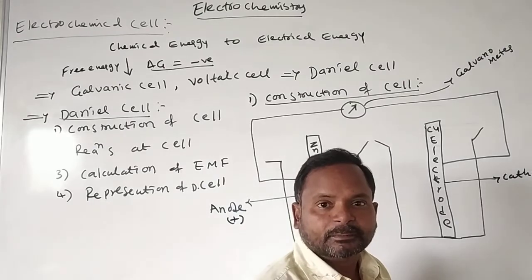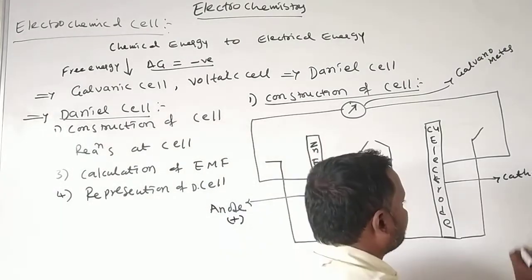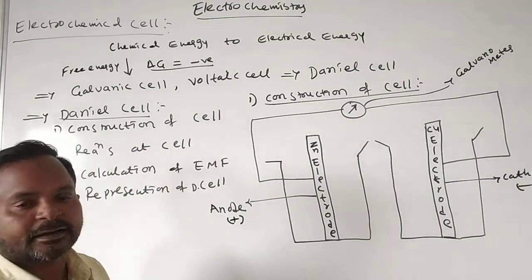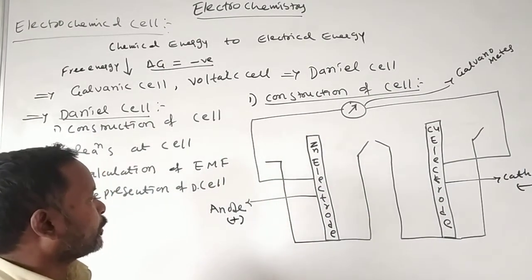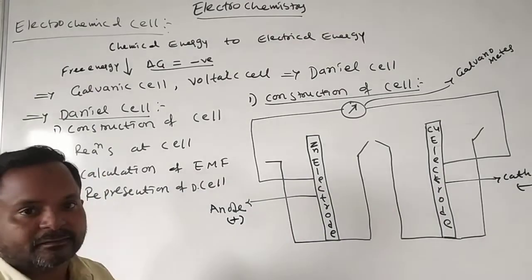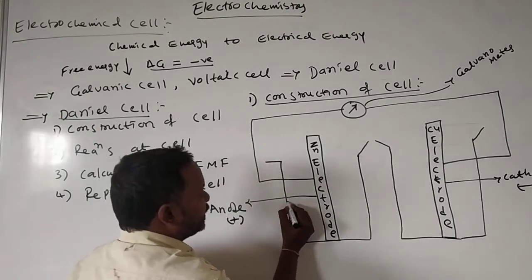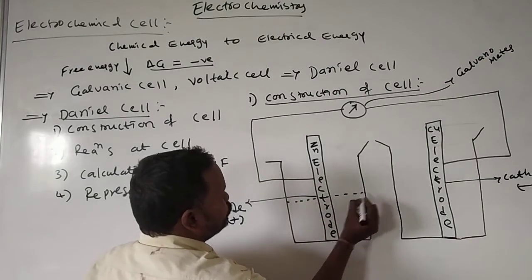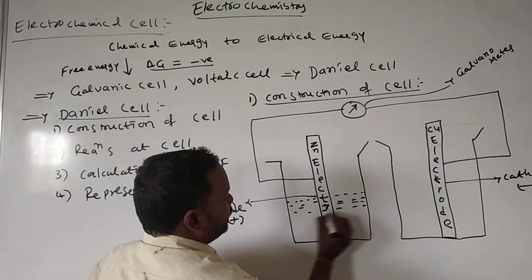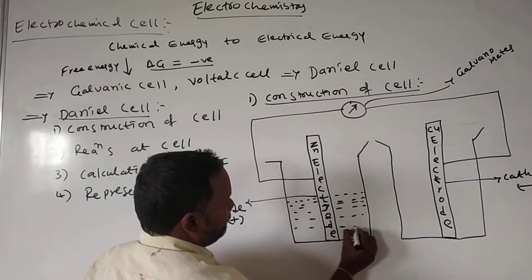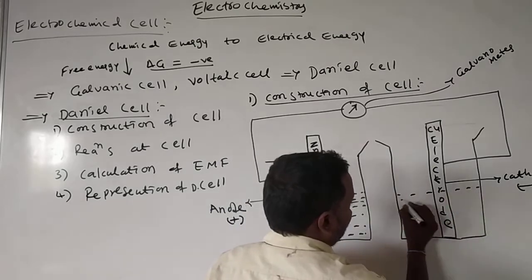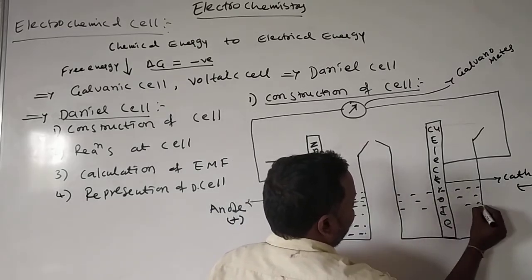To attract the cation, it carries negative charge. Anode is always present at the left side, cathode always at the right side. These two electrodes take two electrolytic solutions. Here I am taking one electrolyte, I will give the name.